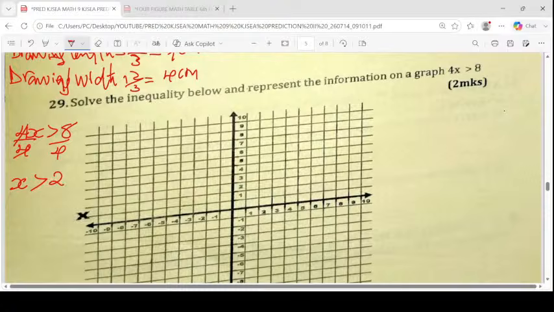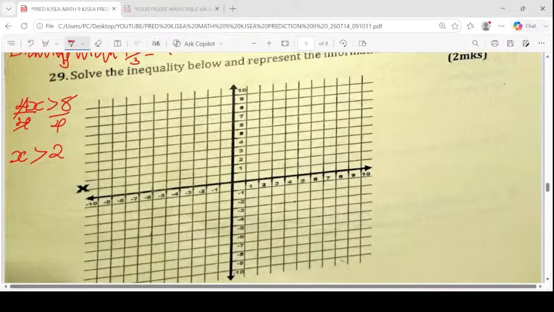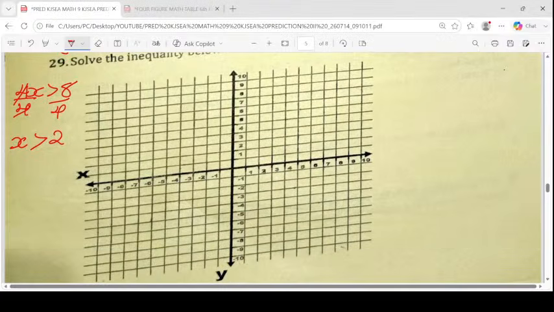And if x is greater than 2, because the symbol is a greater than symbol, first this is like saying x is equal to 2, a line cutting the x-axis at 2, but it should be a dotted line like that.